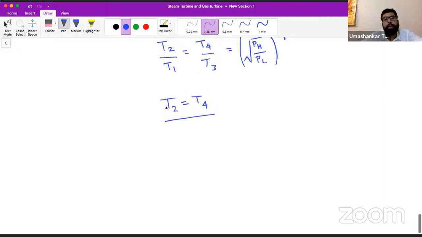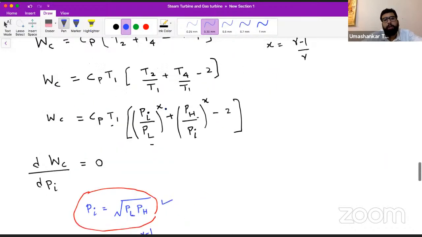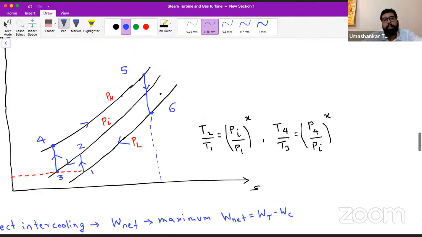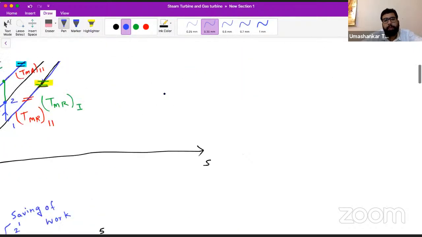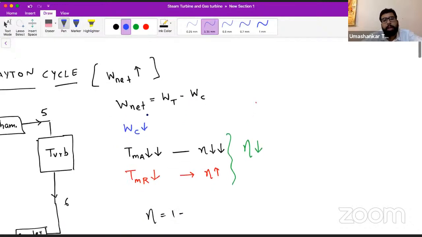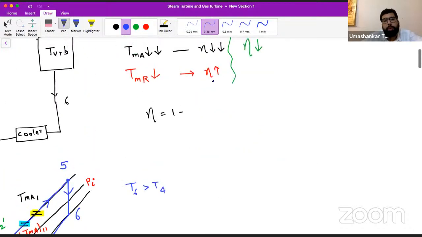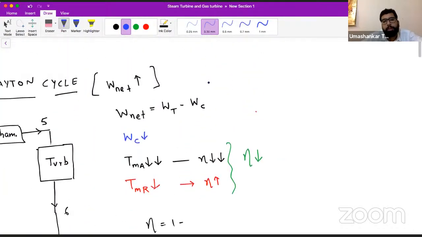Yes, Harsh, you can differentiate work also, but our turbine work is not getting changed, no? What are the effects of intercooling? Net work is turbine work minus compressor work. There is no effect on the turbine work while we do intercooling; we have established this, so it remains constant.